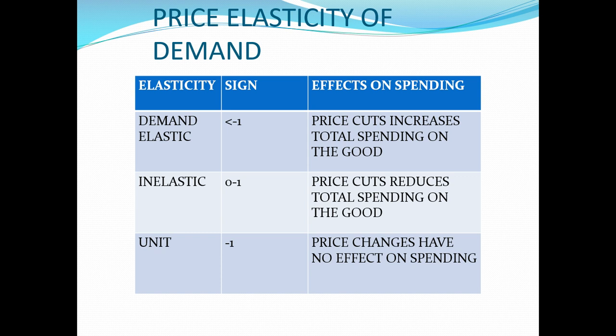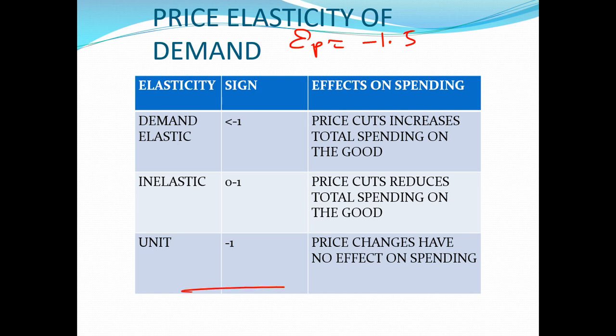So there's this table I'm looking for. Yeah, this table here, which guides us on the interpretation of price elasticity of demand. Okay, so demand is said to be elastic if it is more negative than -1. So for instance, let's say we have calculated the value for price elasticity of demand, and it's -1.5. This is more negative than -1, meaning that demand is elastic.